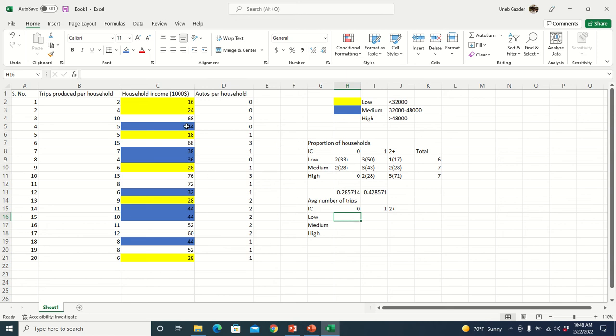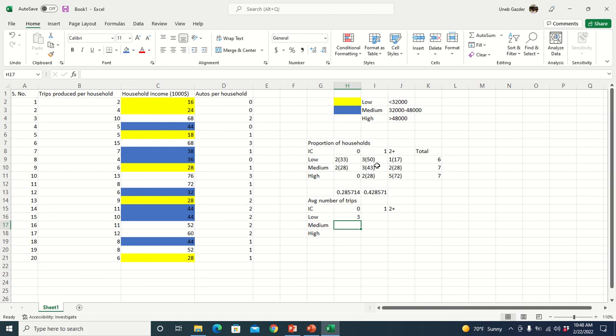Okay, so for low income having 0 autos, we have this one and this one. So there were total 2 in this category, so these are the 2. Okay, so this one has 2 trips, this one has 4 trips, so the average will be 3.